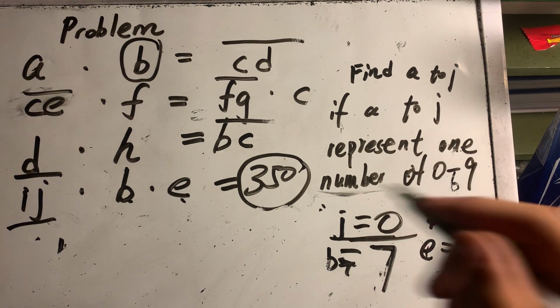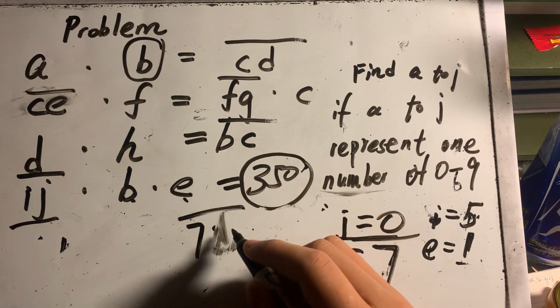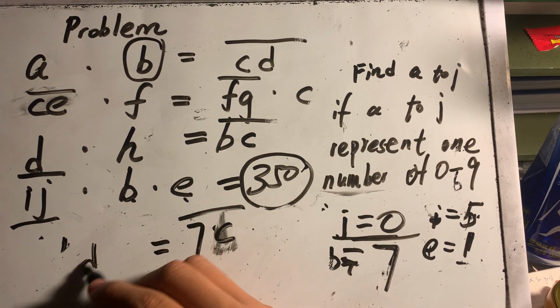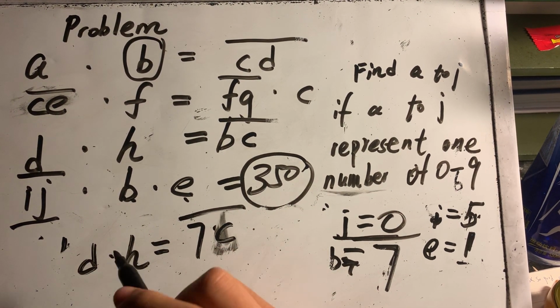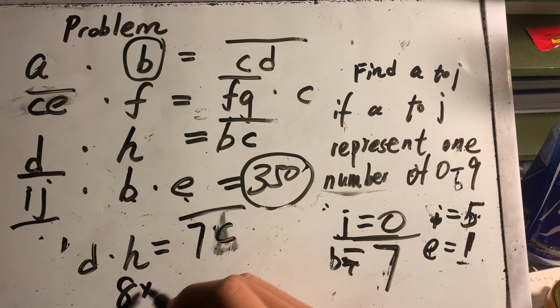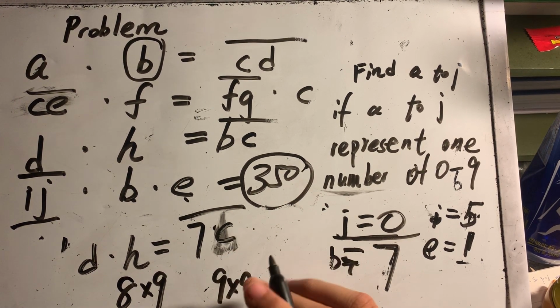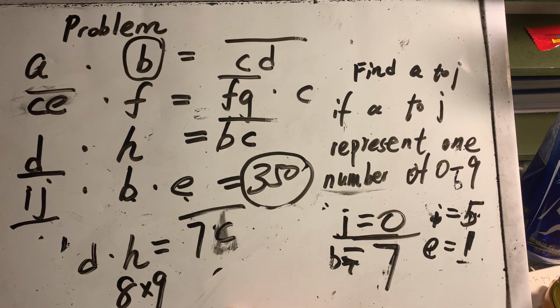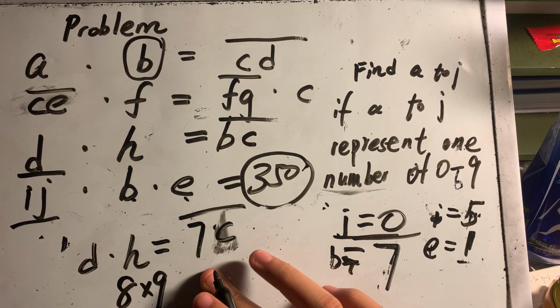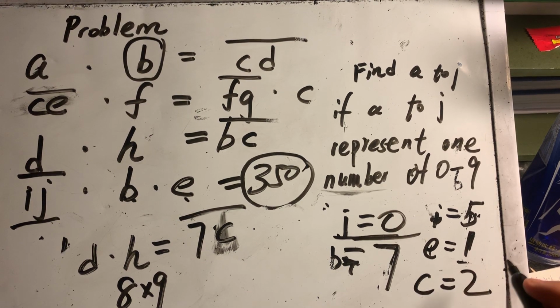We know that B is 7, so this means the equation should be 70 plus C is equal to D times H. In the multiplication table, there is only one possibility for it to exceed 70, which is 8 times 9 and 9 times 9. However, two numbers cannot be identical. So one of D or H has to be 8 and the other has to be 9, and C has to be 2. So we get that C is 2.